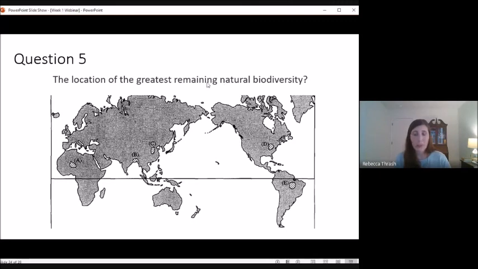So we're talking about the greatest remaining natural biodiversity. This area here is highly populated by people. So we've probably cut down a good bit of the trees, or we've got a lot of urbanization and stuff like that. Same thing probably here and here. Also, if you remember, this is where you have desert. So if you were thinking E, the Amazon rainforest, you are correct.